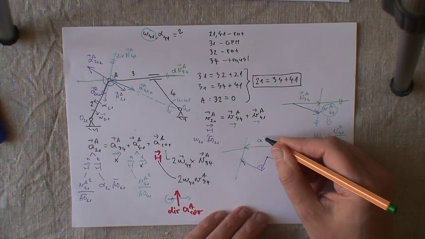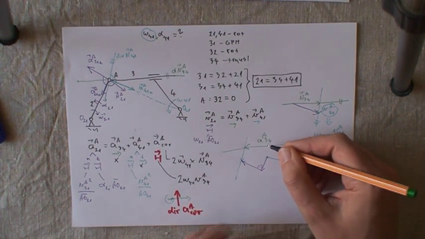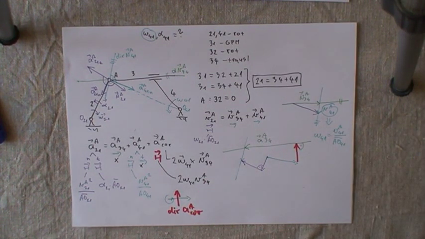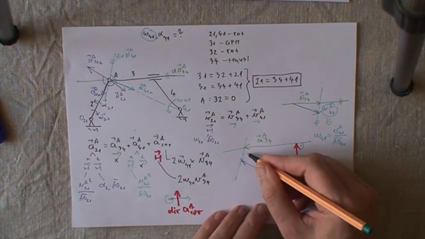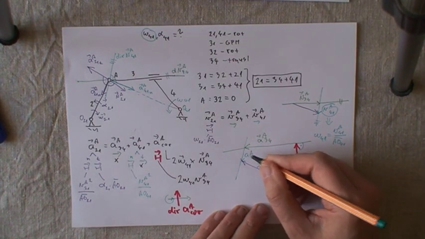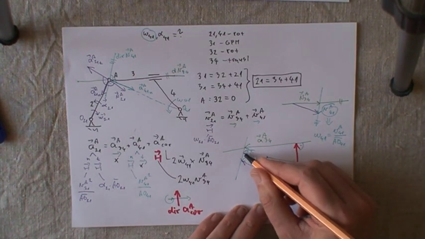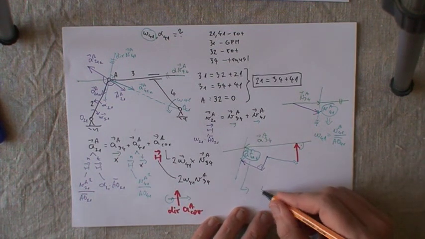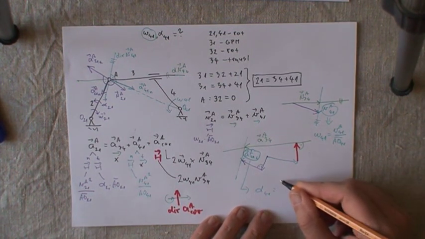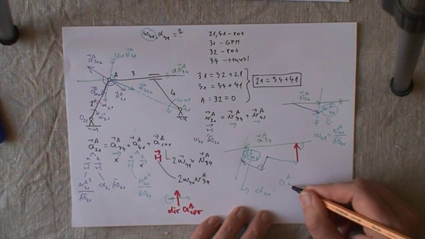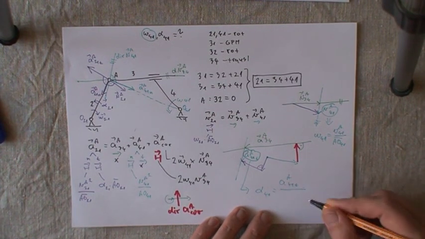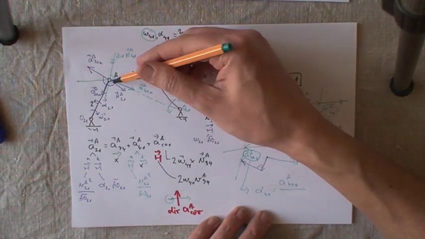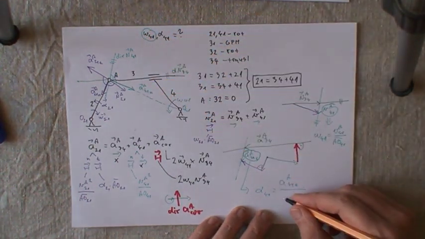So this is AA34. And this is AA41 tangent. Okay, and this one is important because from here we can calculate alpha 41 as AA41 tangent divided by the distance, which is A041.